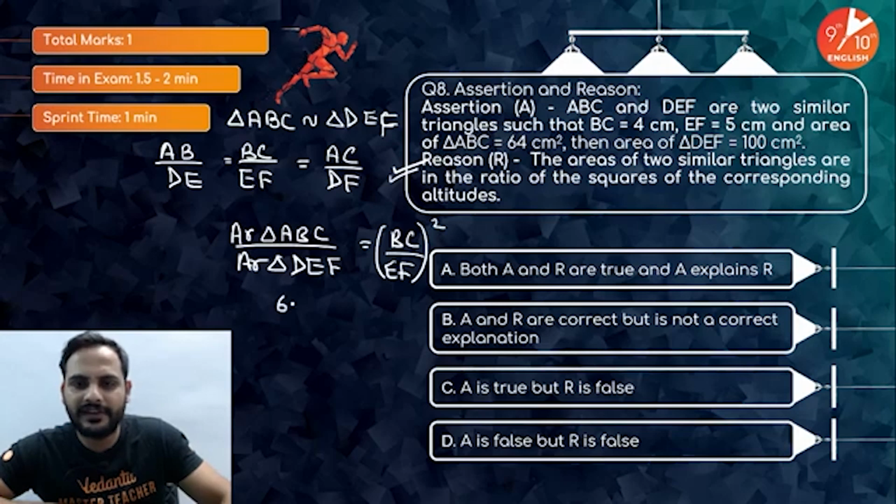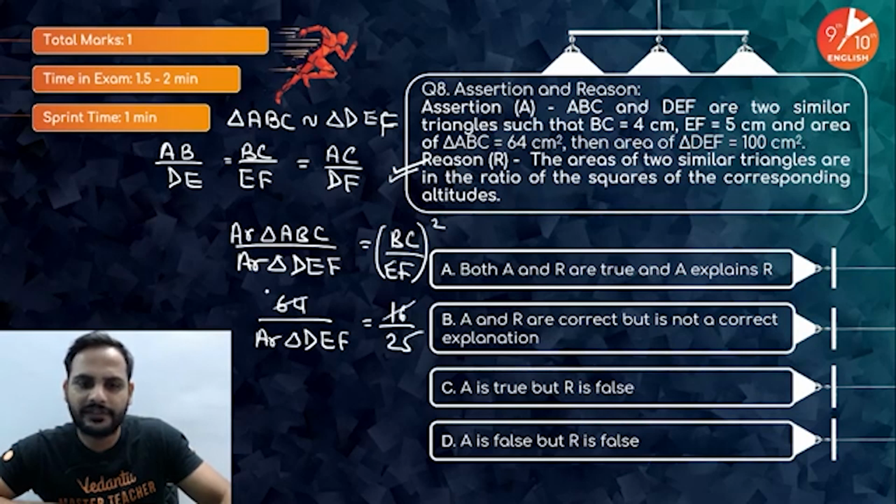Area of triangle ABC is, let's say, 64. Area of triangle DEF we will find out, and it is going to be 4 by 5 whole square, which is 16 by 25. 16 and the 16 fours are cross multiply. Area of triangle DEF you will get as 100 centimeters square.